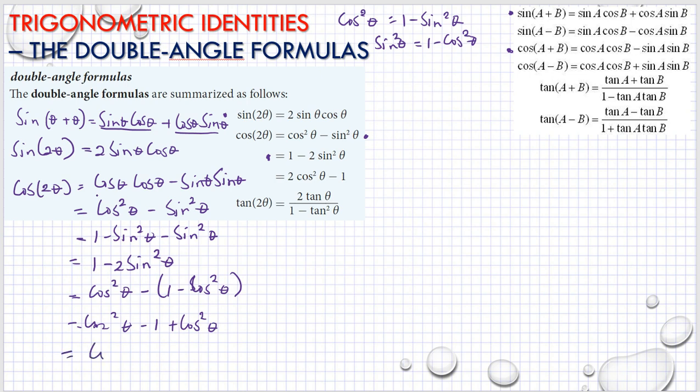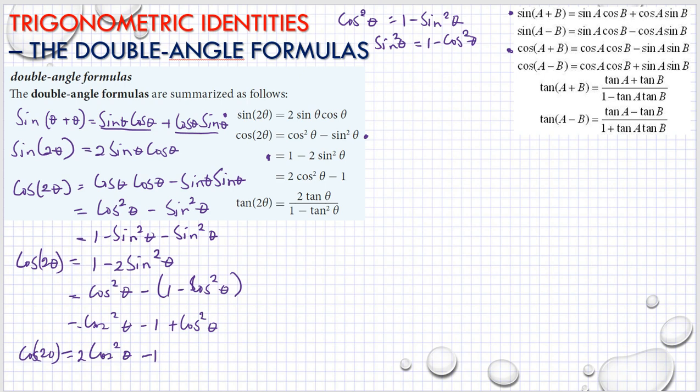Then we have 2 cosine squared theta minus 1. So all of these formulas are equal to cosine 2 theta. There you go.